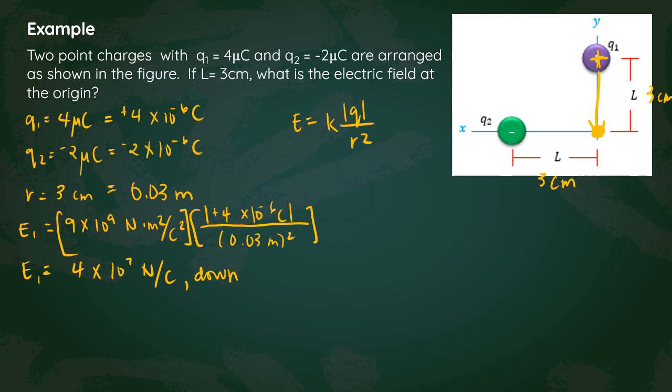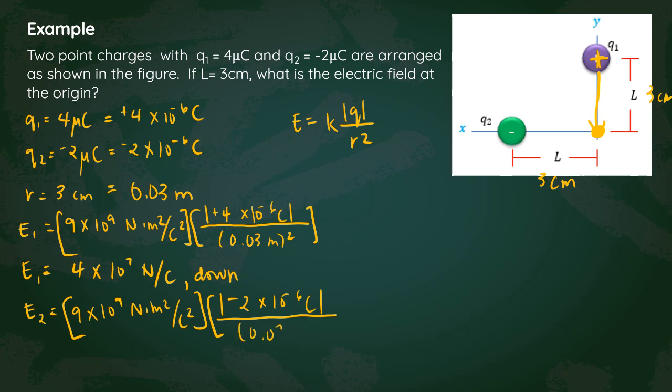For E2, you have the same formula, 9 times 10 raised to 9 newton meter squared per coulomb squared, multiplied by the charge, which is the absolute value of negative 2 times 10 raised to negative 6 coulombs, divided by 0.03 meters squared. Now, the electric field due to Q2 is 2 times 10 raised to 7 newtons per coulomb.